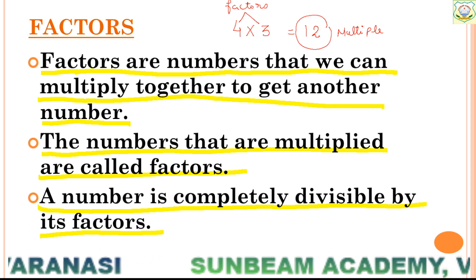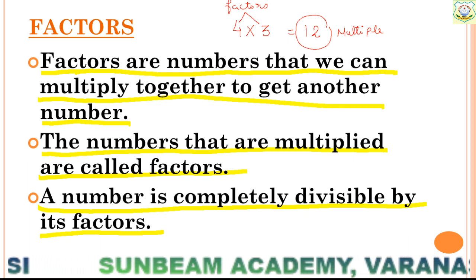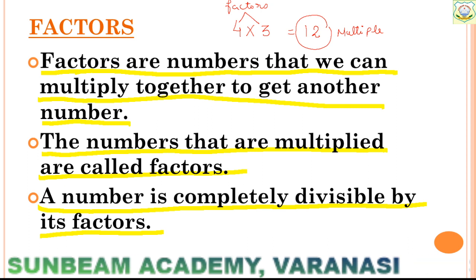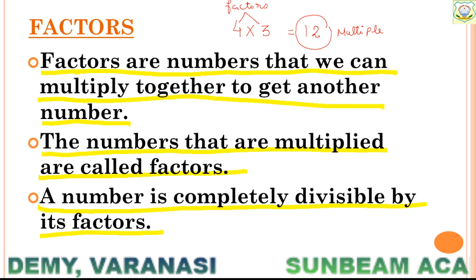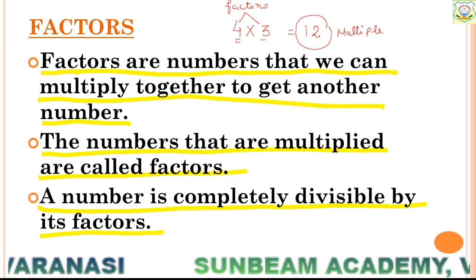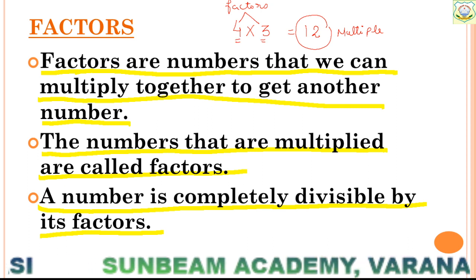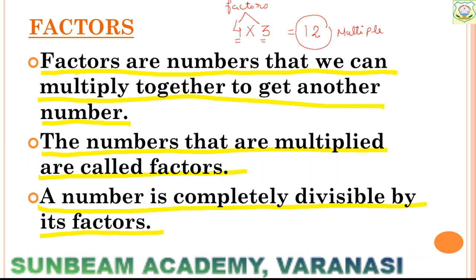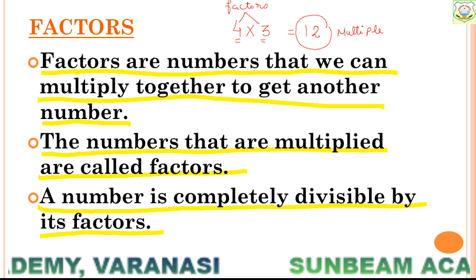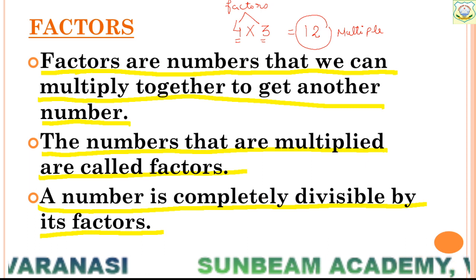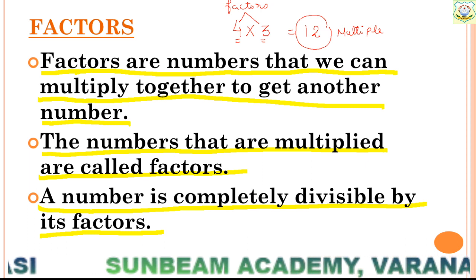Okay, got it? Now the next point, the numbers that are multiplied are called factors. I have already told you that these two numbers are factors of 12. But not only these, there are many more factors of 12. I will discuss that later on. But right now 4 and 3 are factors of 12.